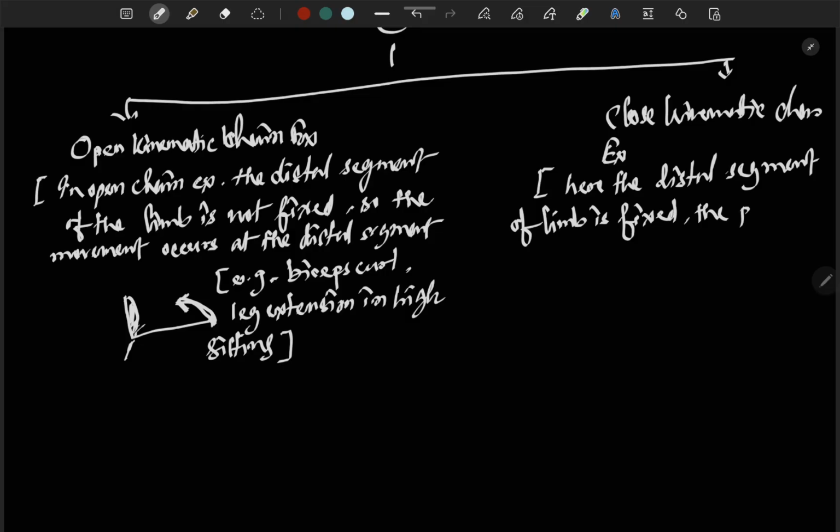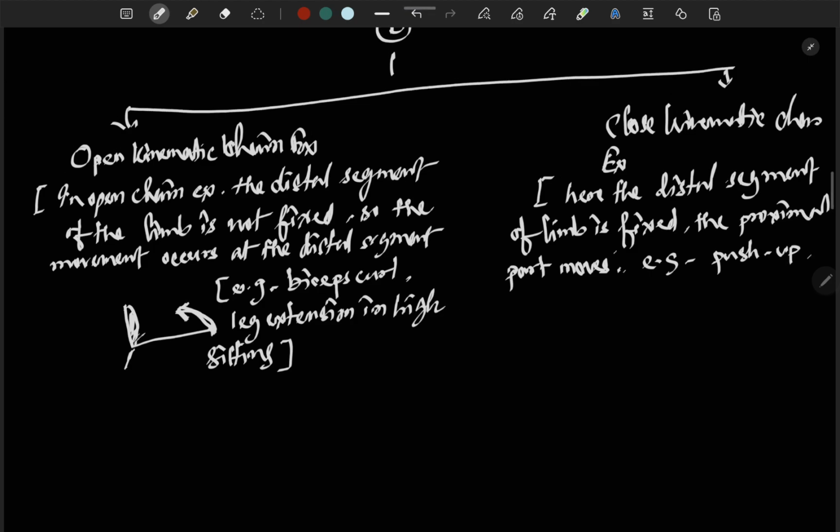The proximal part moves. Example is the push-up exercise or squatting.